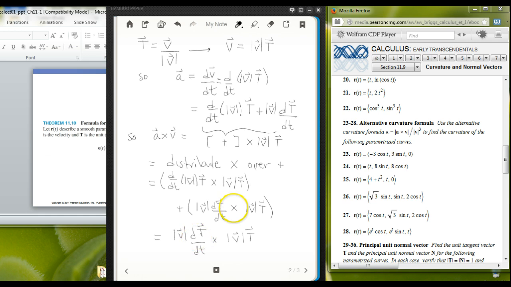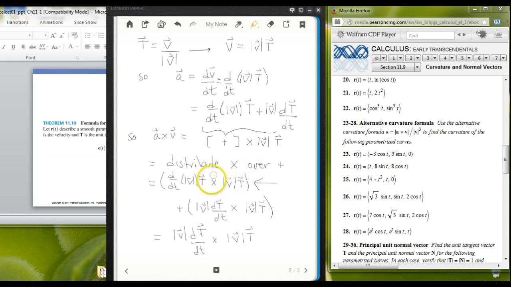However, let's see if we can simplify this a little bit, because notice that in this part of the addition we actually get something really interesting happening. Let me pick a color, how about yellow? Notice that what this says is that you're taking a vector and crossing it with itself: T cross T. And what happens when we do T cross T?